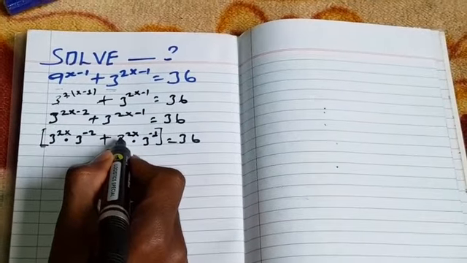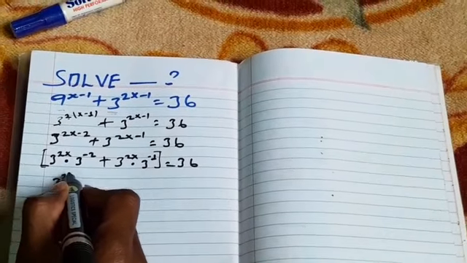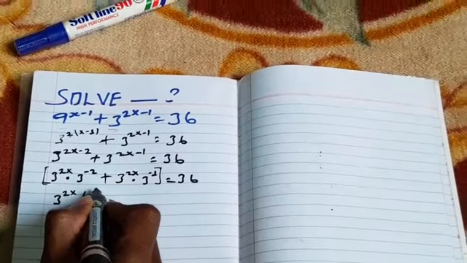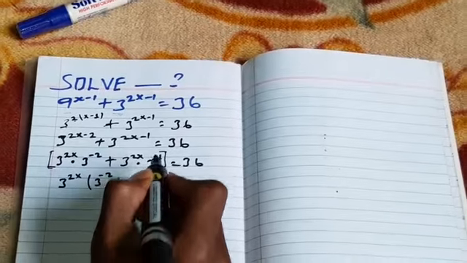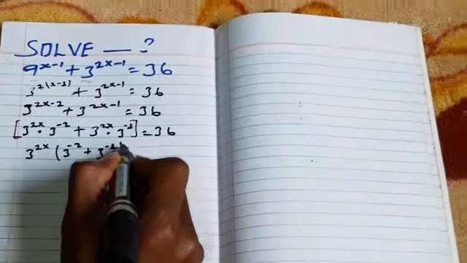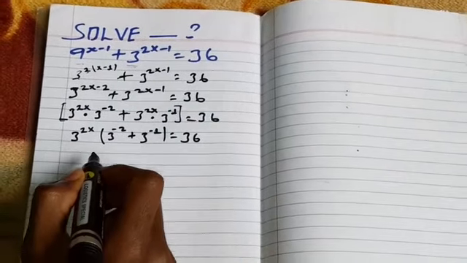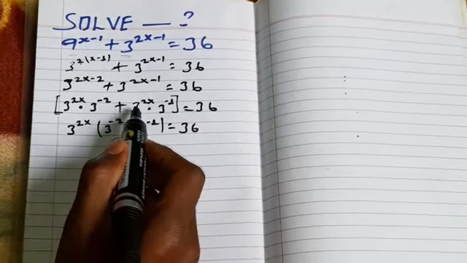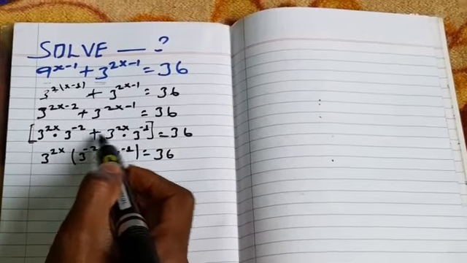For this reason, we take 3 to the power of 2x once, in the bracket 3 to the power of minus 2 plus 3 to the power of minus 1, is equal to 36. We take 3 to the power of 2x since it is present on the same side.